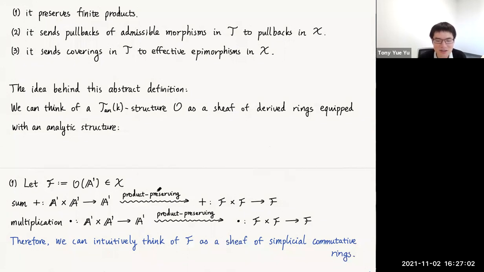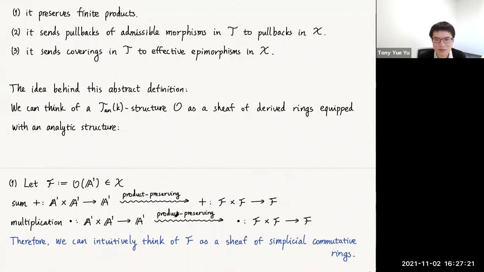So we see that via only the property of preserving products, we get a ring structure on the sheaf. And next, we want analytic structures.